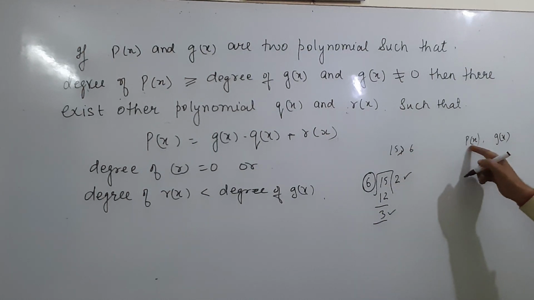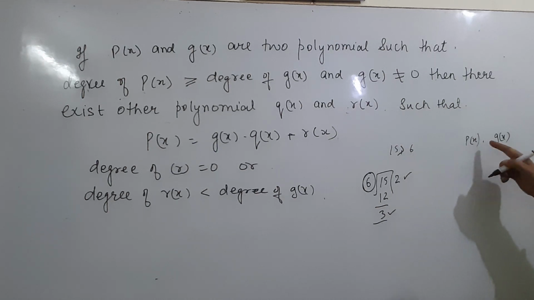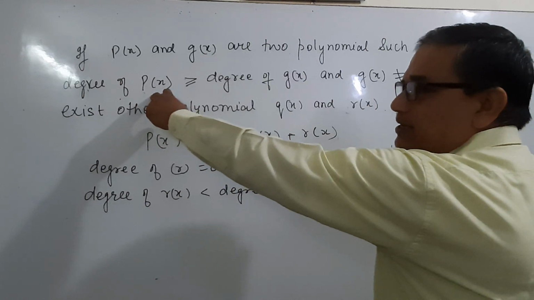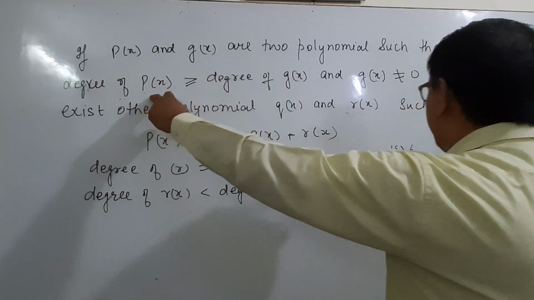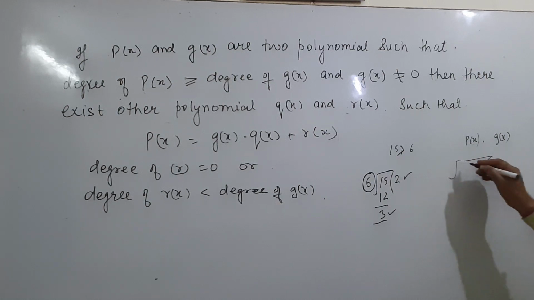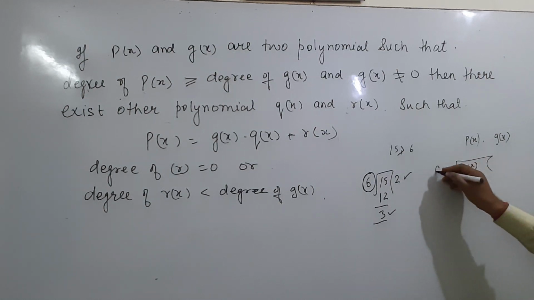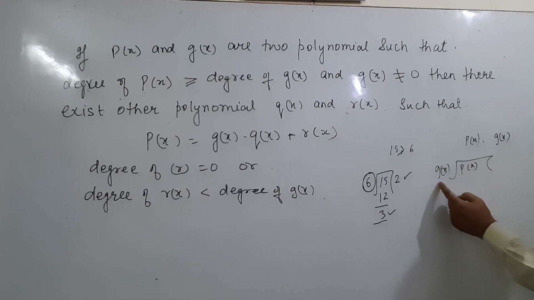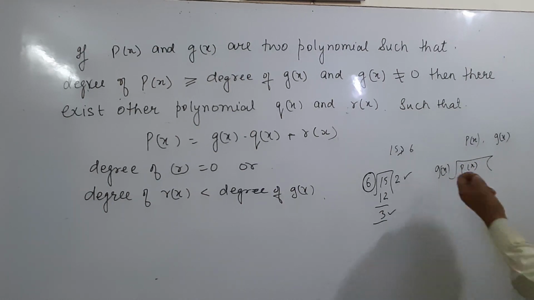It means the degree of p(x), degree meaning the highest power of a variable, is either greater than the degree of g(x) or equal to g(x).